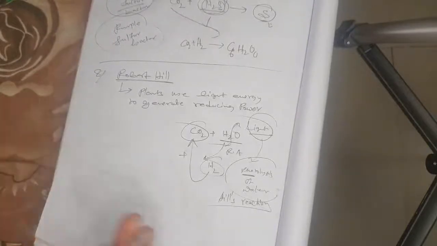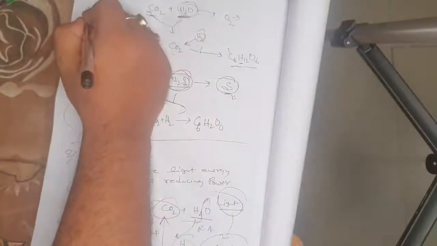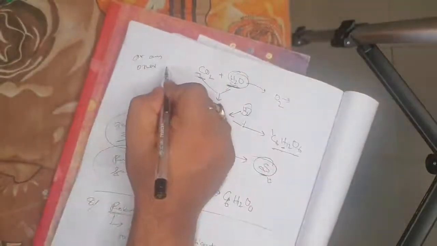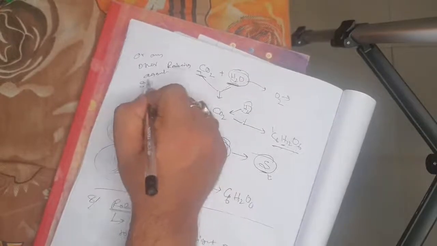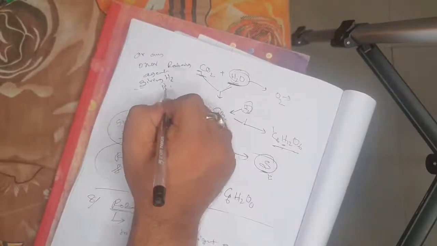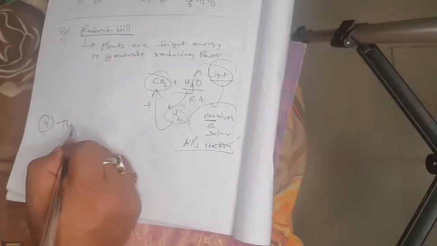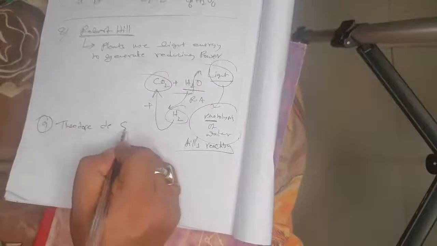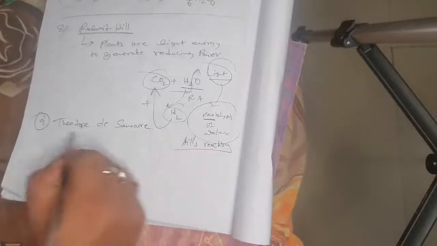Now, see, there is a confusion. H2 is used, or H2S is used, or any other reducing agent giving H2 is used. What is used? Then came a scientist, number 9, to answer this question: Theodore de Saussure, I think he is Japanese.